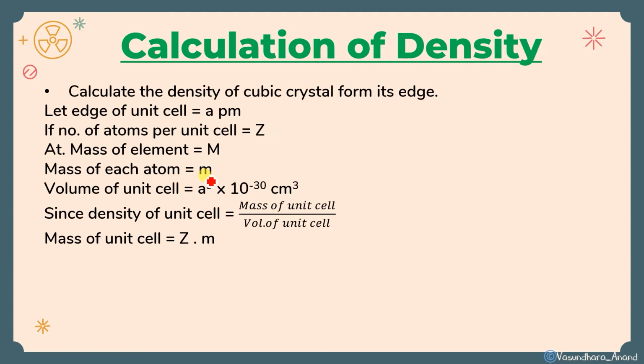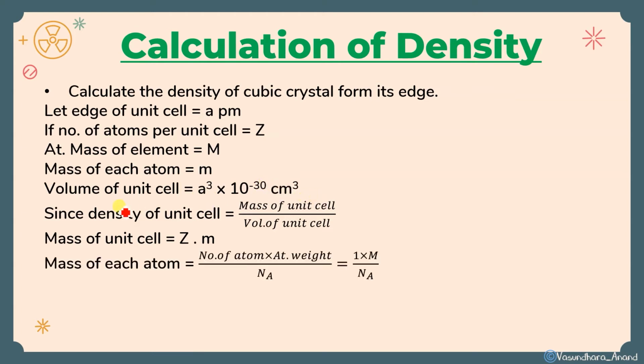Now the volume of the unit cell we calculated as a cube into 10 to the power minus 30 centimeter cube. So how will you find the mass of each atom, m? In the mole concept you have done that the number of atoms is equal to weight upon atomic mass into Avogadro number.